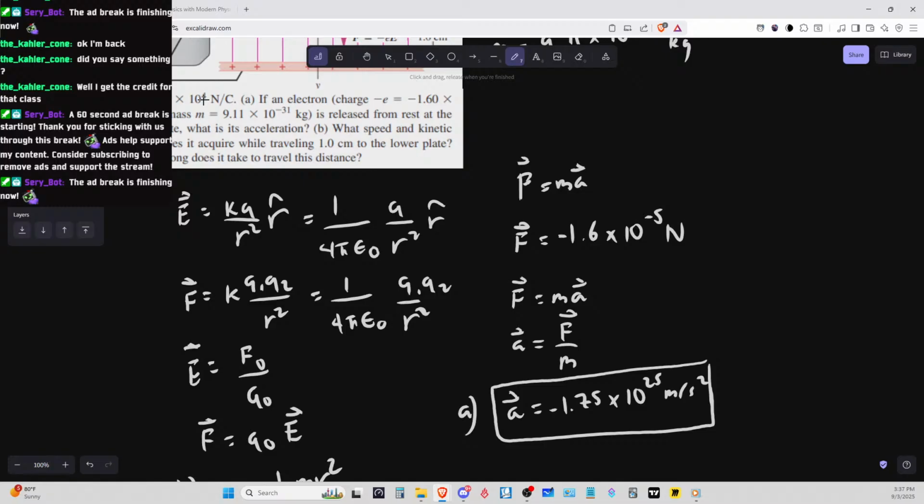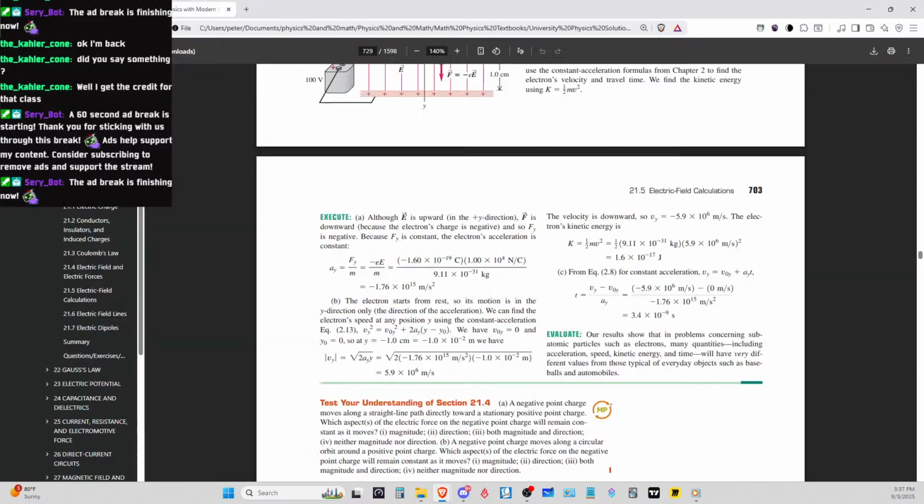Yep, that's the right equation for the force. So now we'll divide that by the mass. So the mass is 11 times 10 to the negative 31. Yeah, it gives us like 1.75 times 10 to the 25th power.